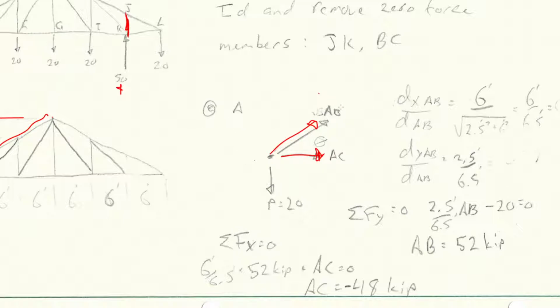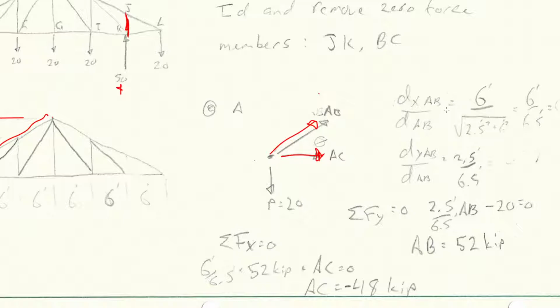But in order to translate the magnitude of those forces into x and y components, we need to calculate the unit vector, at least for AB. AC is horizontal, so its unit vector is just in the x direction.